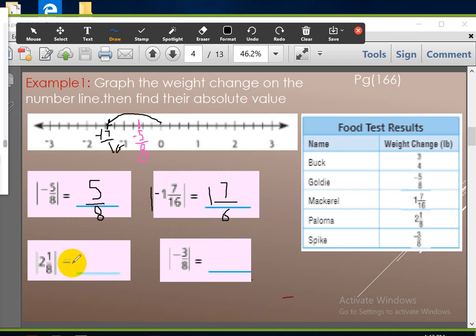What about 2 and 1/8? 2 and 1/8 is a positive number, on the right side. It will be between 2 and 3, as an example here. This is 2 and 1/8. The absolute value will be the distance between this point and the 0 point.